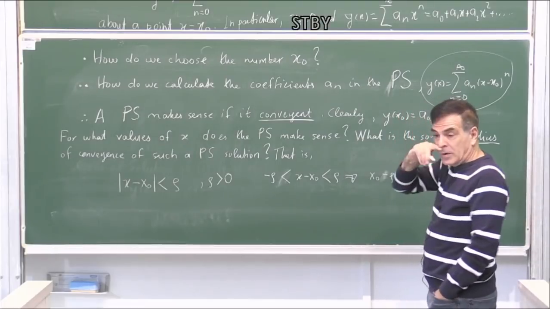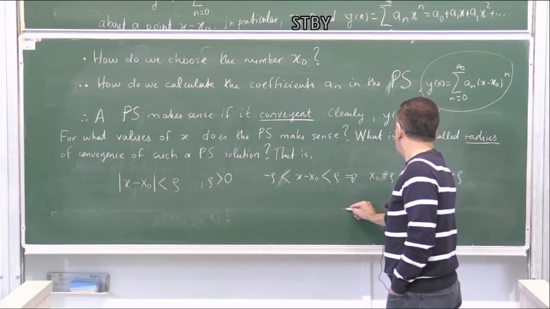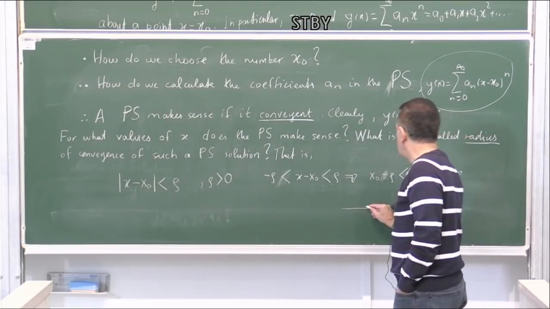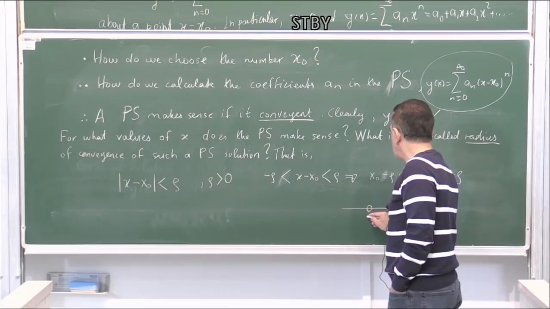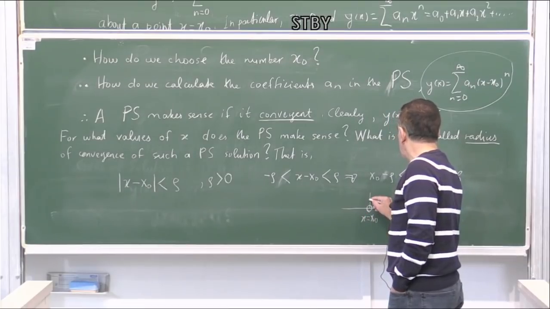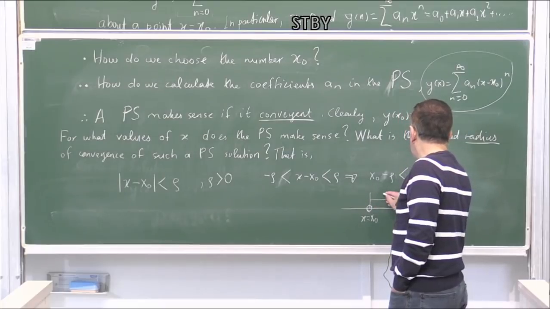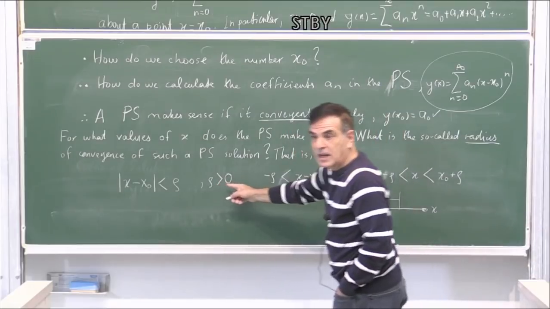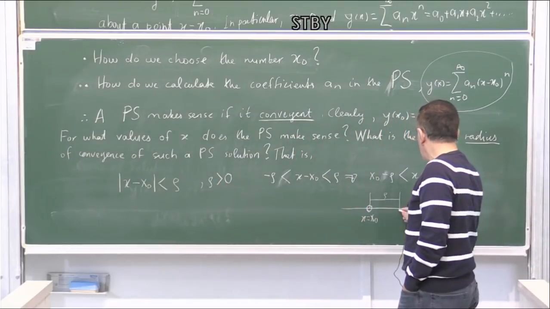It converges. That is, geometrically speaking, on the x-axis, here is the center of the series, x equal to x0. So this is the radius of convergence, if there is any, non-zero.